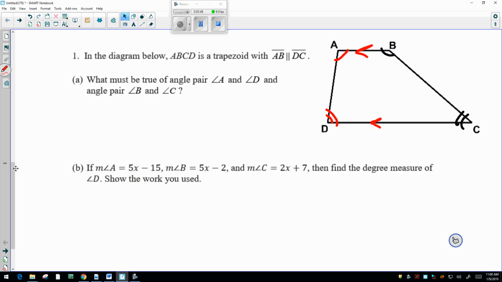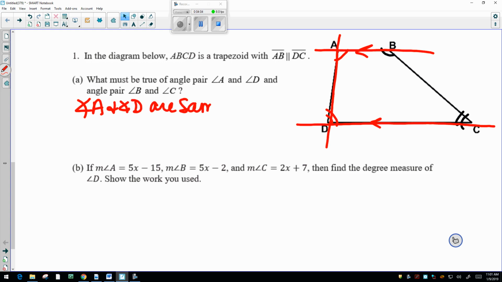We're going to go back in our parallel line unit, and I know that these are two parallel lines. And if I were to cut it by a transversal, and I look at angle A and angle D, well, I can say angle A and angle D are same side interior angles.